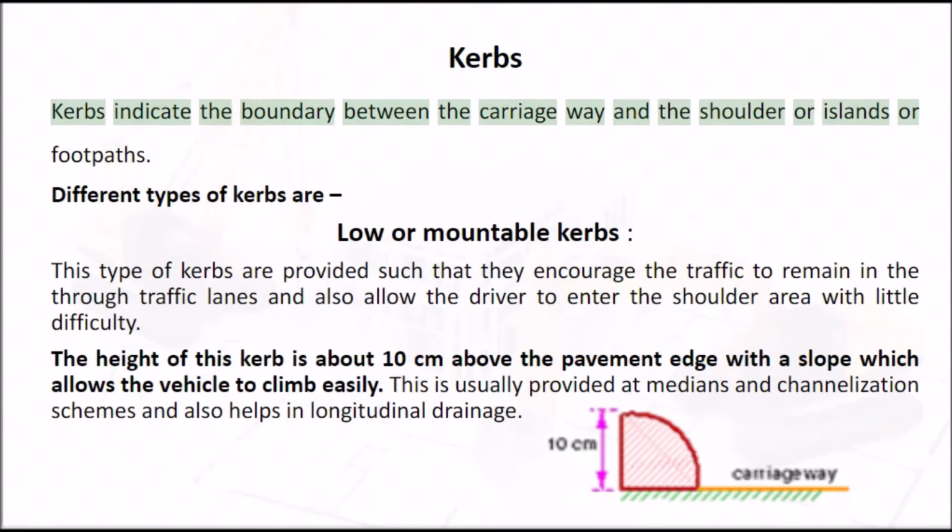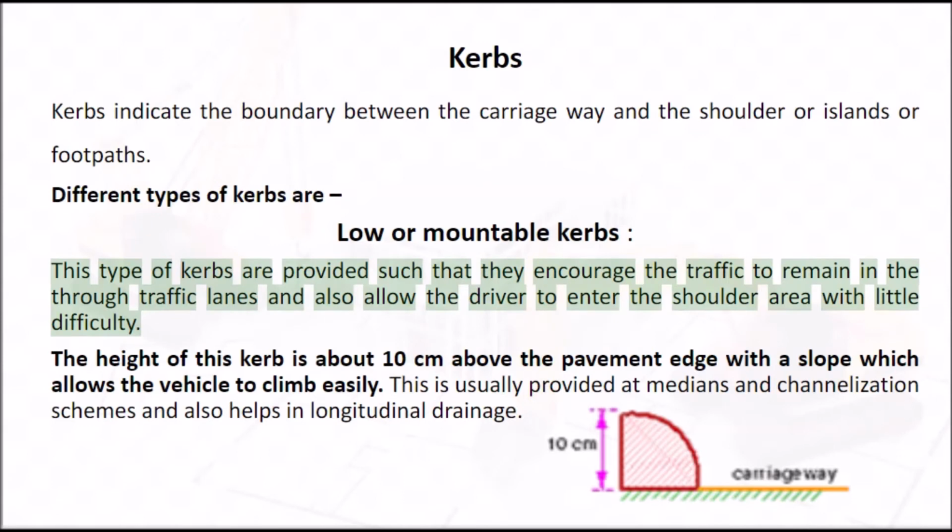Kerbs indicate the boundary between the carriageway and the shoulder or islands or footpaths. Different types of kerbs are low or mountable kerbs. This type of kerb is provided such that it encourages the traffic to remain in the through traffic lanes and also allows the driver to enter the shoulder area with little difficulty.